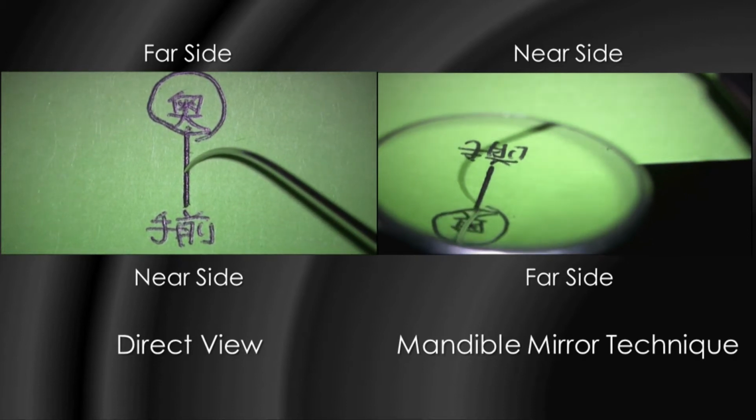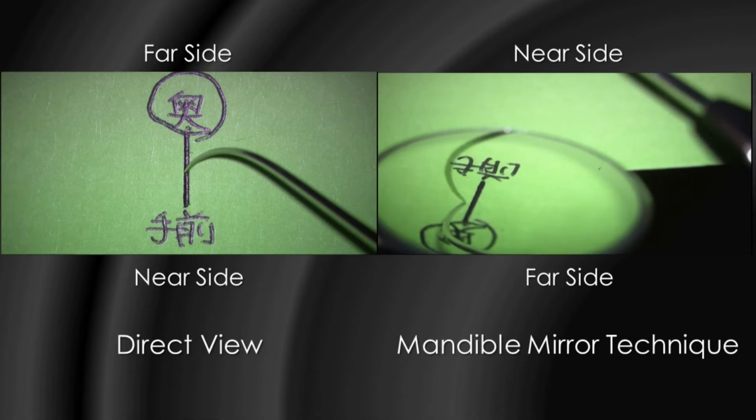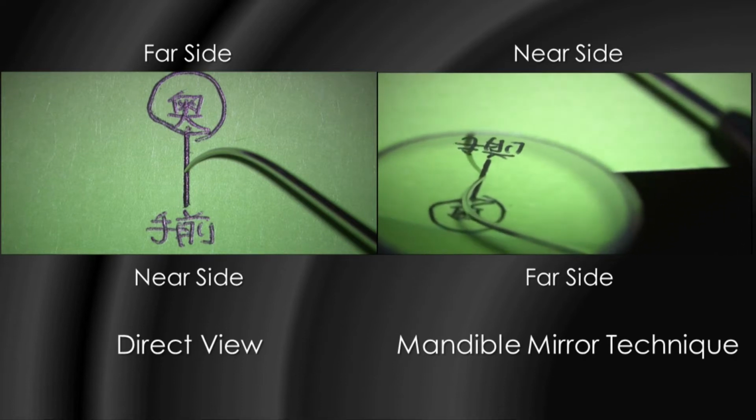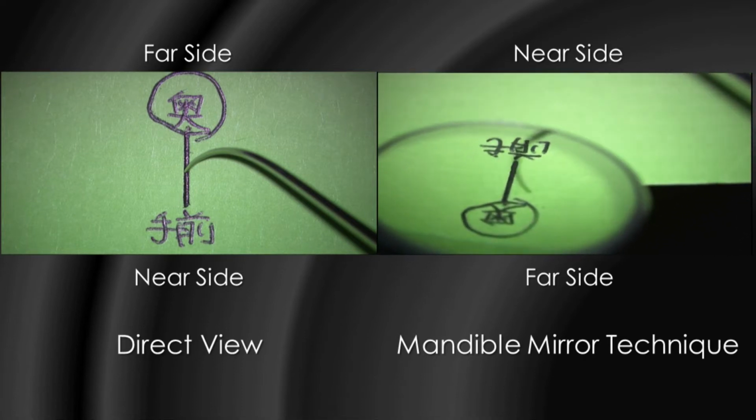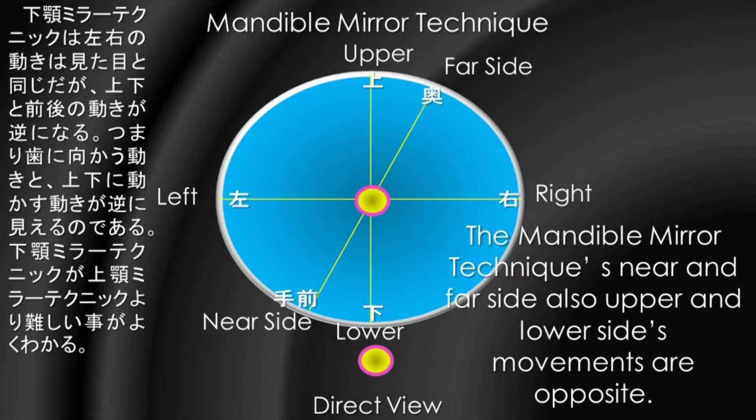In the mandibular mirror technique, the far side and near side are opposite. In the mandibular mirror technique, left and right is the same, but the near and far side and upper and lower side movements are opposite.